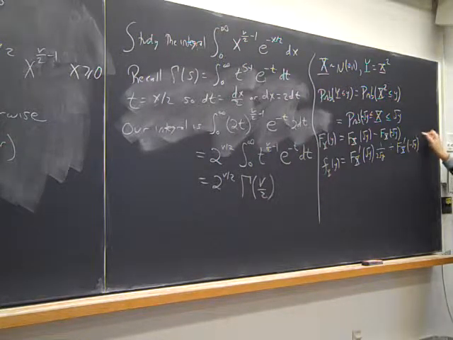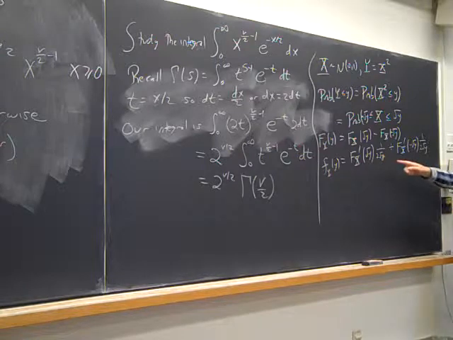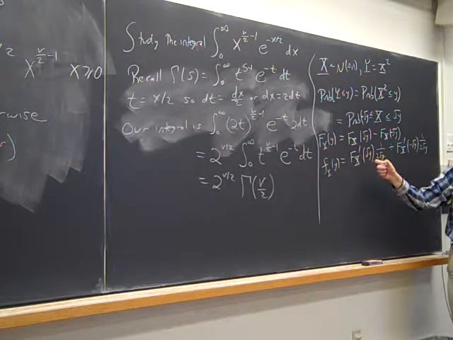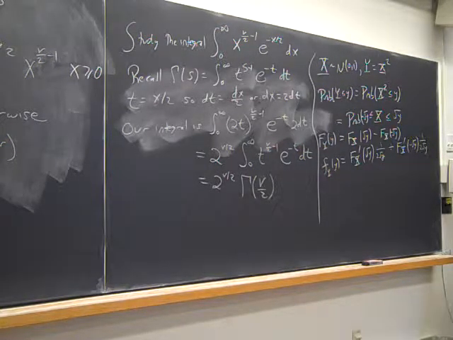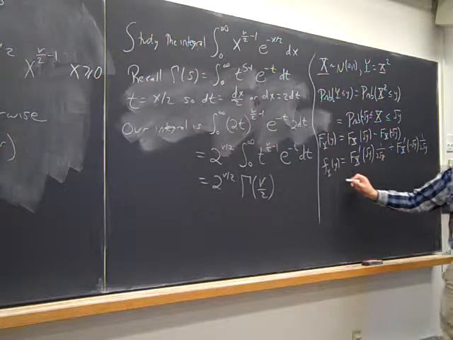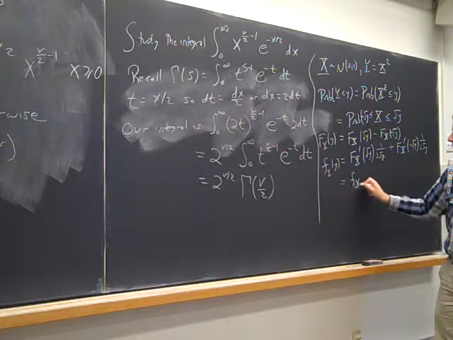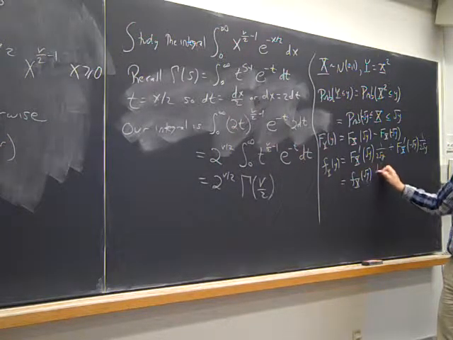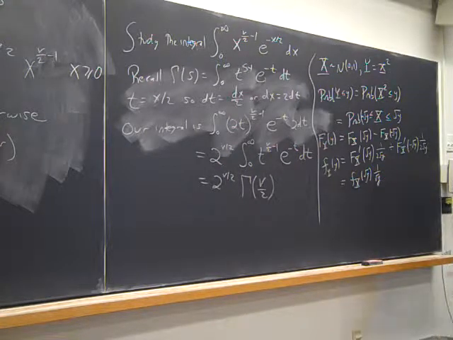The negatives reinforce, and I get a 1 over 2 square root of y. Well, the nice thing is the density function of the normal is symmetric. So this value and this value are the same. So I can just take this value and double, and that gets rid of the 2. So I get the density at square root of y times 1 over square root of y.